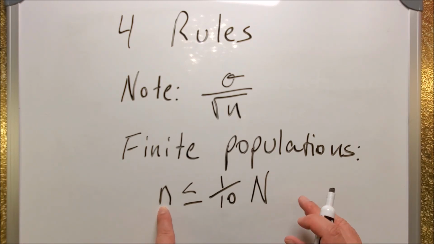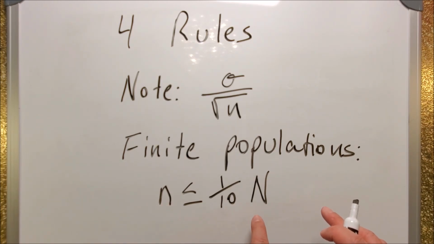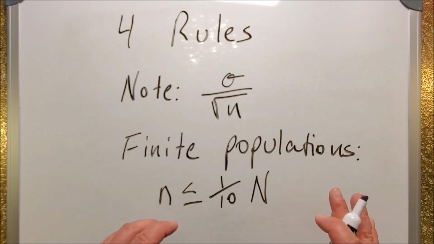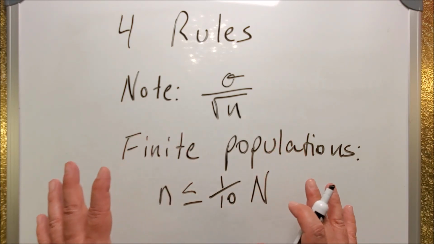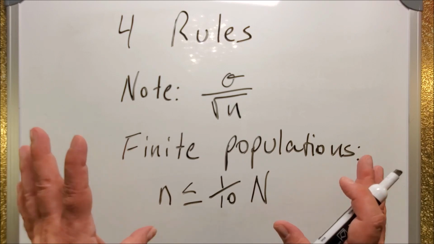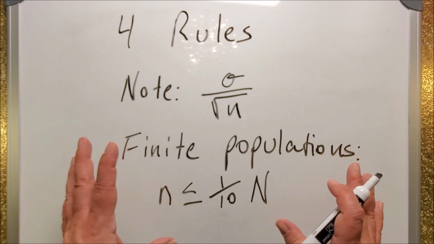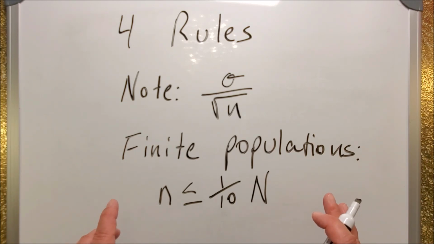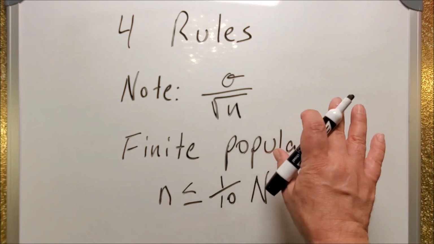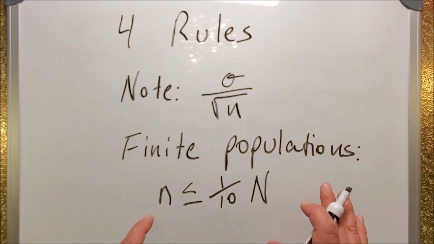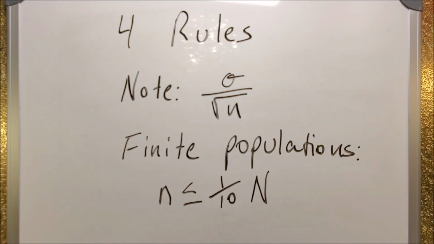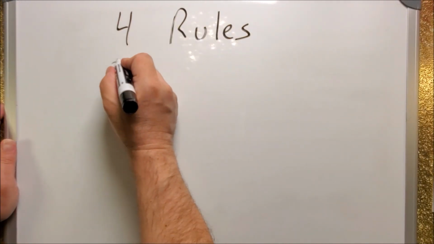If your sample size is larger than about 10% of your population size, the errors and imprecisions stack up so much that this formula is no longer exact. It may not be precise enough to do a lot of useful work with. But for a lot of work that people do in the medical sciences and so on, that's not really an important rule. Generally, your population sizes will be large enough to support the work that you're doing. Here's our third rule.